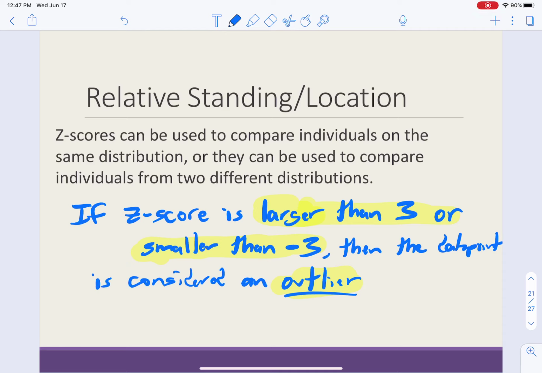If we get a z-score that's 3 or larger, then that's considered an outlier, so 3 standard deviations above the mean. Or if we get a z-score that is -3 or smaller, then that is -3 standard deviations below the mean. And that is good enough criteria for us to consider that data point an outlier.